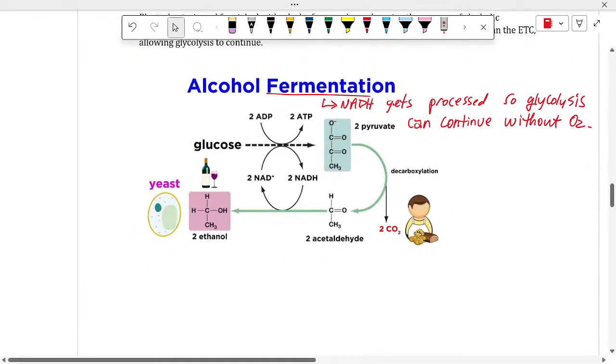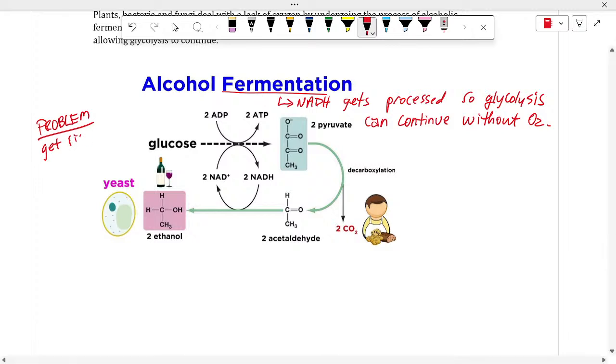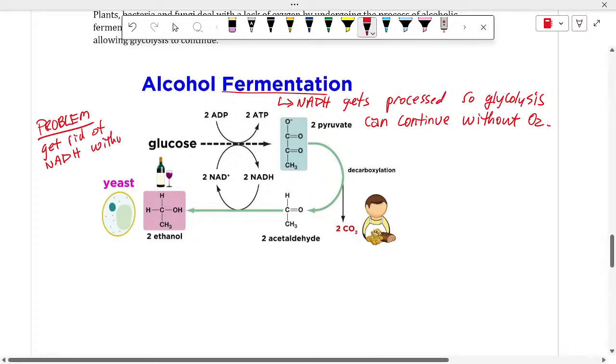So what we want to understand is that there's a problem. The problem to be addressed is to get rid of NADH without using oxygen. So how's that happen?